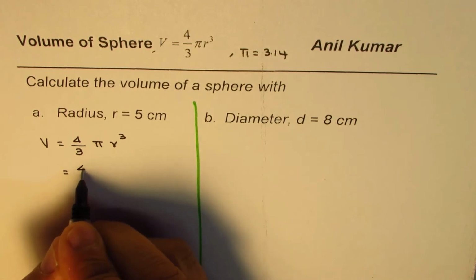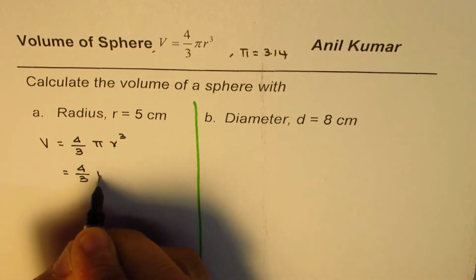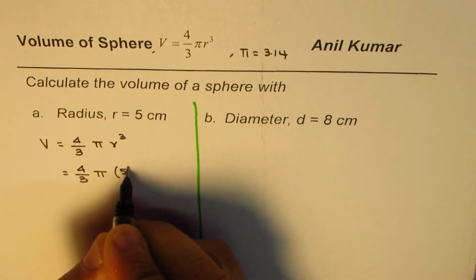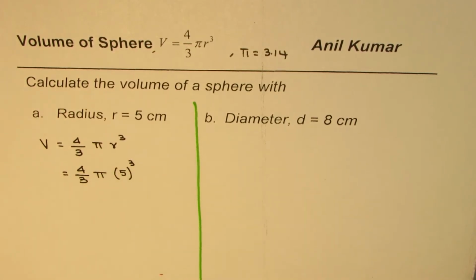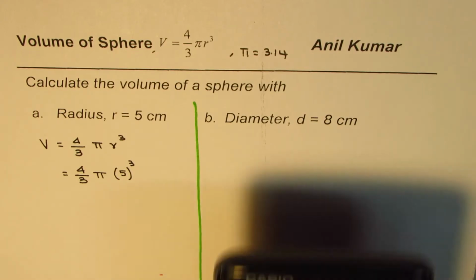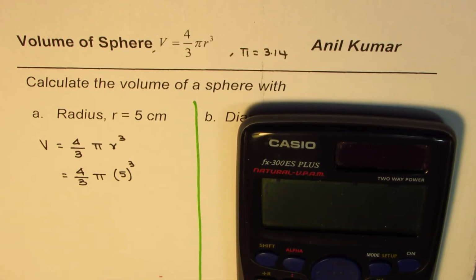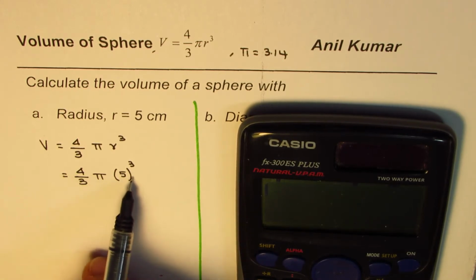So we get 4 divided by 3 pi. R is 5, so I'll write 5 here for r cube. Now we can use the calculator to calculate this answer. So what we can do is first multiply the terms which are all products, right?